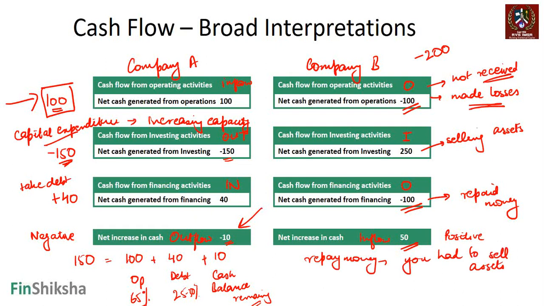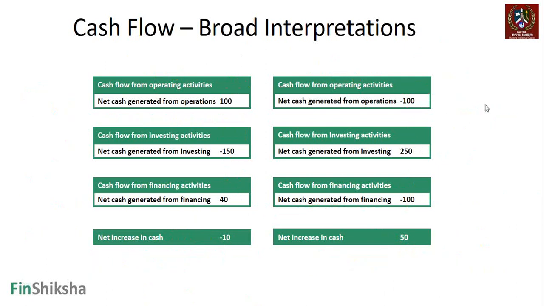Now, even though the second company shows a net increase in cash, they're doing it by selling assets, and that is not necessarily a great sign in the context of understanding a company.